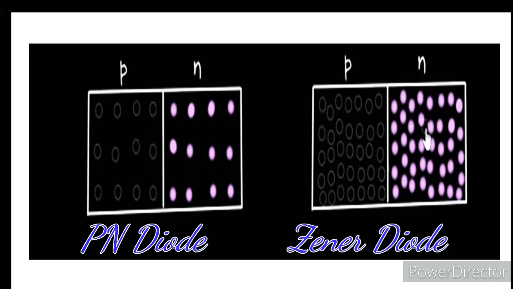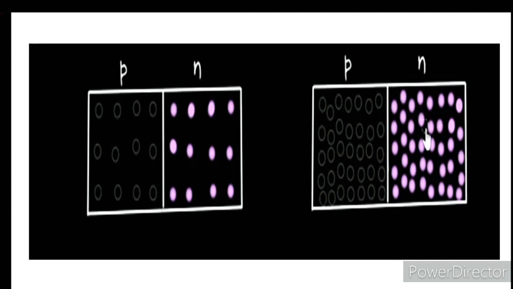The main feature of the Zener diode is its ability to operate in reverse breakdown mode without sustaining permanent damage. In addition, during manufacture, the precise breakdown voltage, the Zener voltage, for a given diode is predetermined.